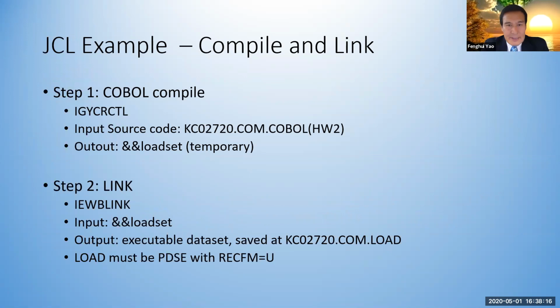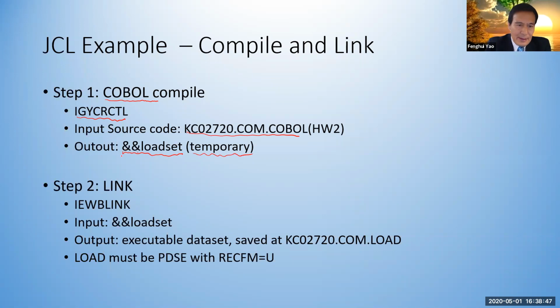Now let's look at the JCL example. This example JCL contains two steps. Step 1 will do a compile. It will use this compiler. The input source code is this one, and then the output is this one. A dataset starting with double ampersand means a temporary file.